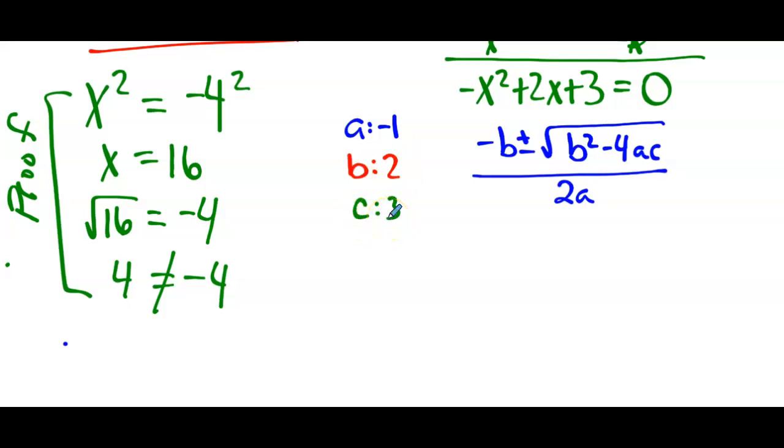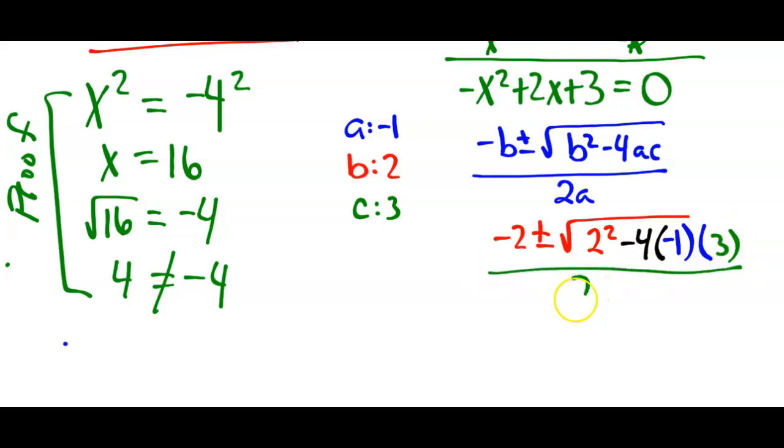So the opposite of b is going to be negative 2, plus or minus the square root. b squared is going to be 2 squared. I've got my minus 4 times my negative 1 times my c, which is 3, and that's all over 2 times my a, which is negative 1.